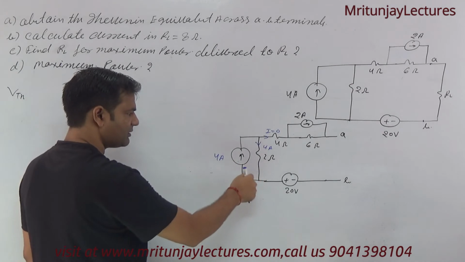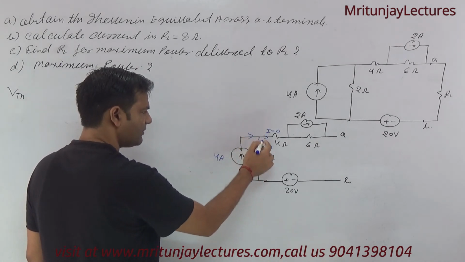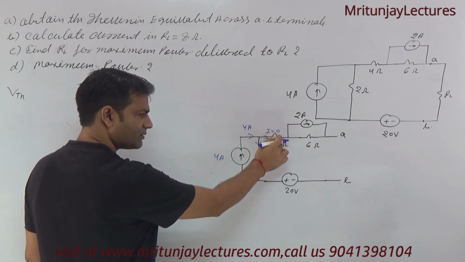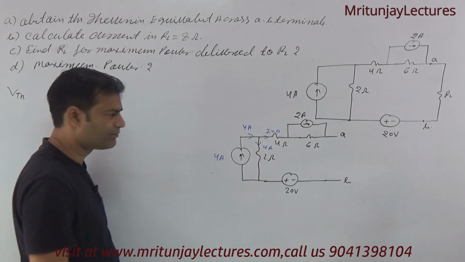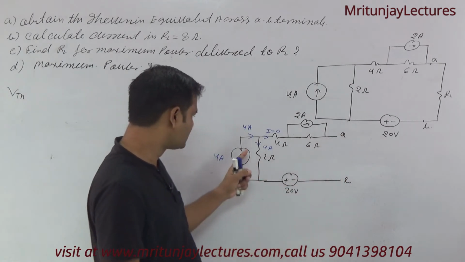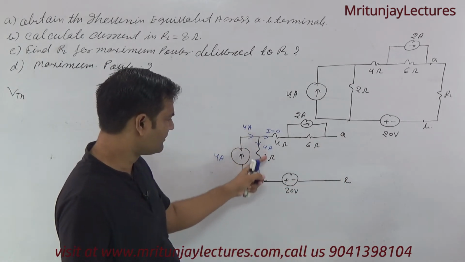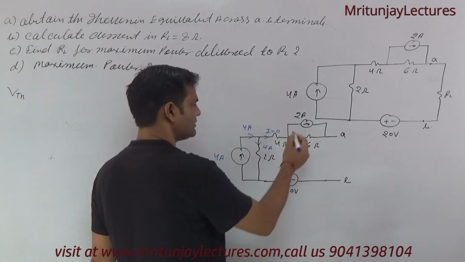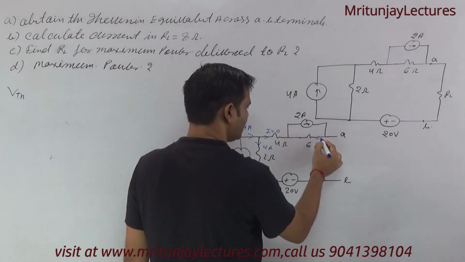What about this terminal? 4 ampere is incoming. Here no current passes through, because this is an open circuit. So totally 4 ampere is going through the 2 ohm. Now same procedure here, 2 ampere and here 2 ampere.